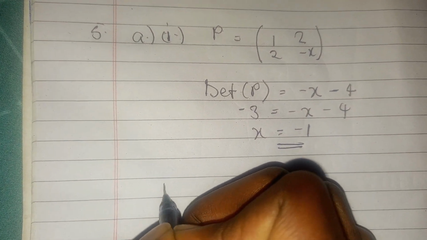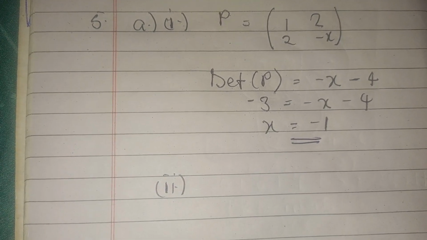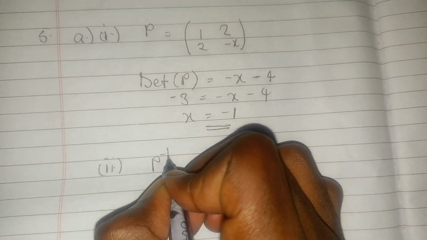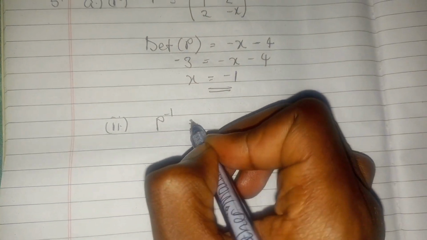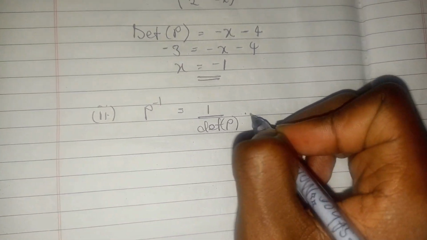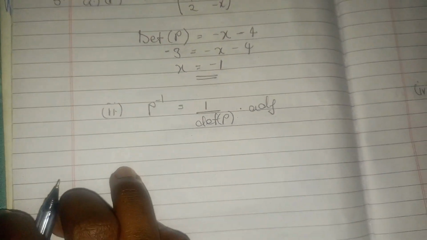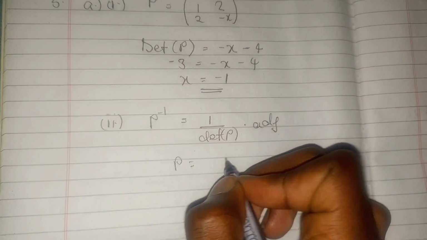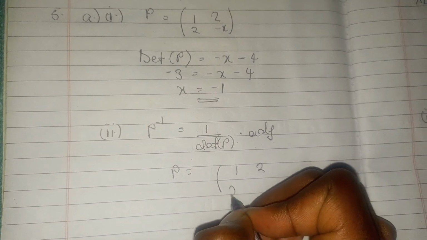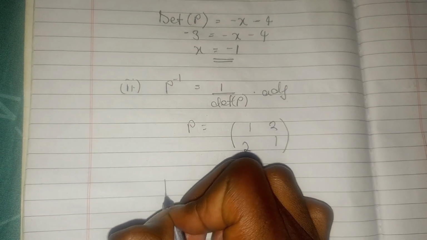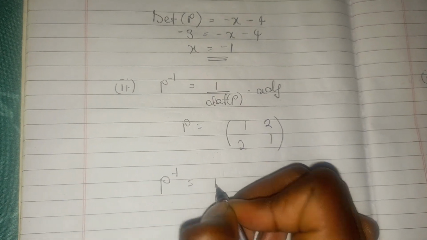Then the second question, we are asked to find the inverse of P, which is determined by 1 over the determinant of P multiplied by the adjoint of P. So we first write down our matrix P, which is 1 2 2 1. Then P inverse is equal to 1 over the determinant, which is minus 3.